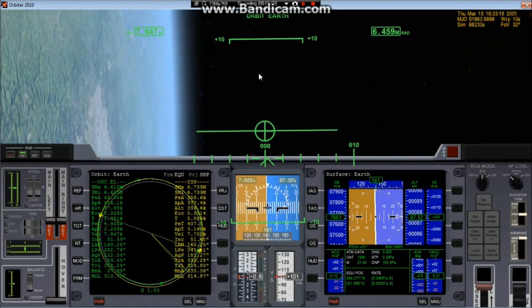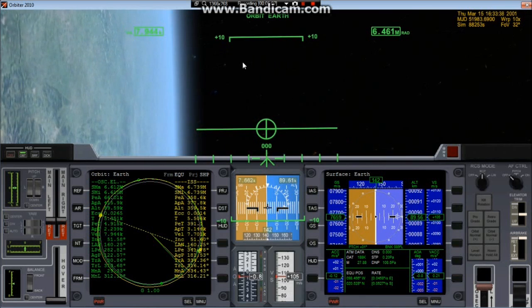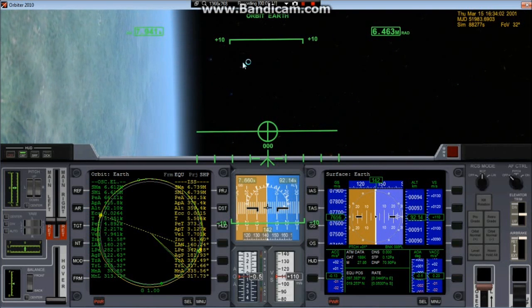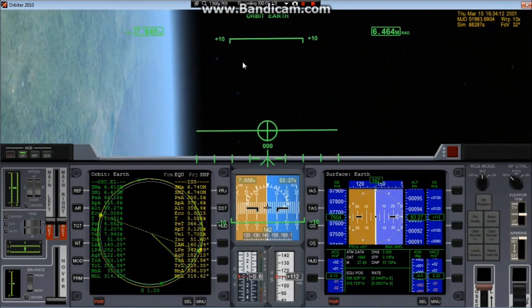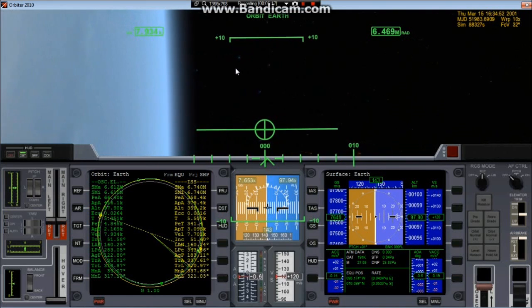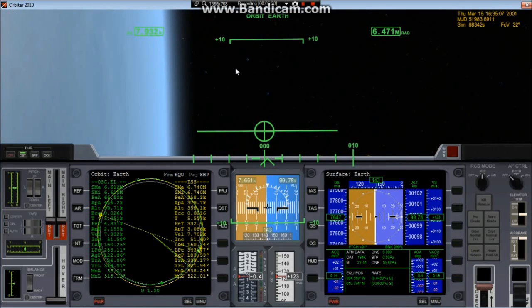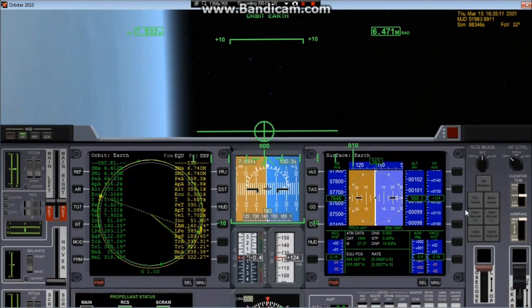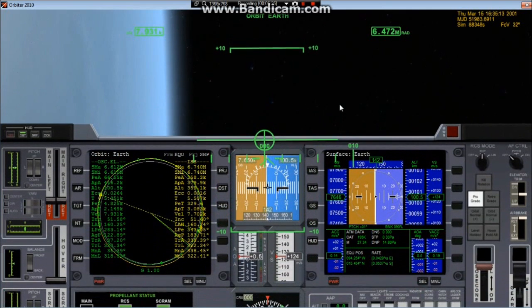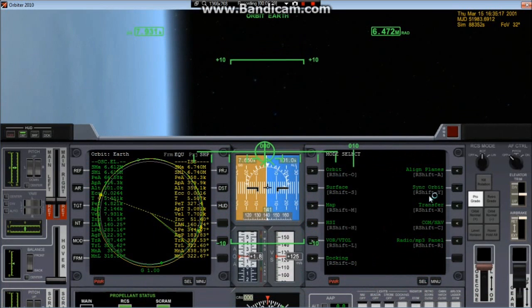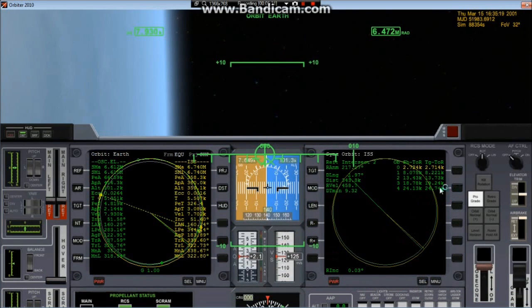X. 100 kilometers. We can open up the radiator again and then go back to prograde orbital. Let's see what the damage is. It's not that bad.